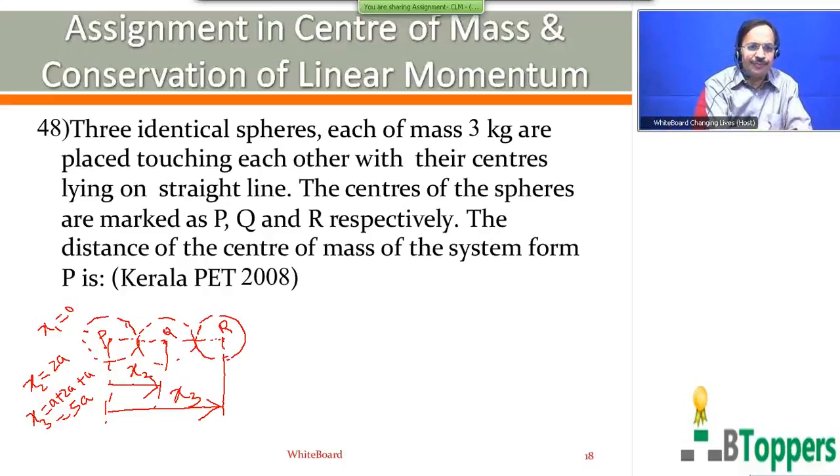We can choose the line joining the centers of all the spheres as the x-axis and the center of the first sphere as origin. So the x coordinate of the first mass m1 of the first sphere, you can take as 0.